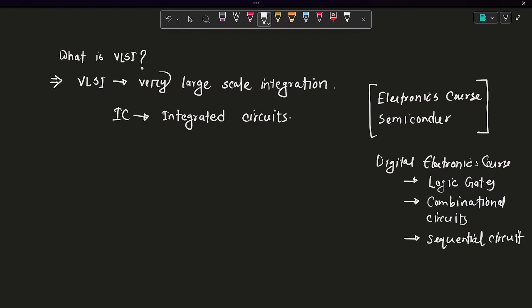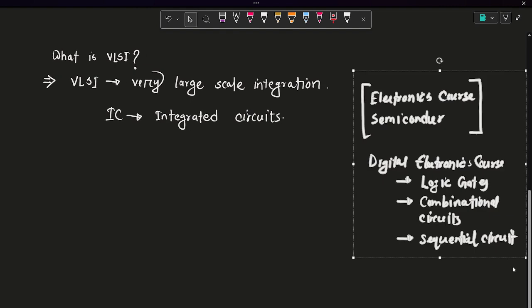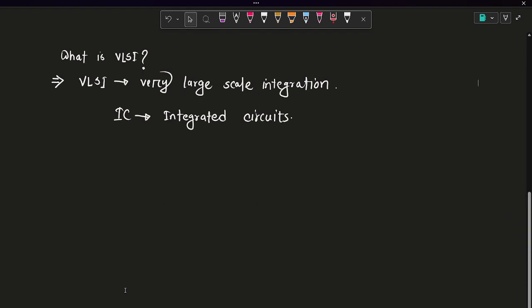And sequential circuits stand for latches, flip-flops, and counters. Definitely a lot of flip-flops were taught in our class, which is D flip-flops, SR flip-flops, something like this. Okay. So these basics will be needed in this course, and I will talk about these topics a lot. Okay. So integrated circuits are nothing but an integration of many electronic components in a single semiconductor material.